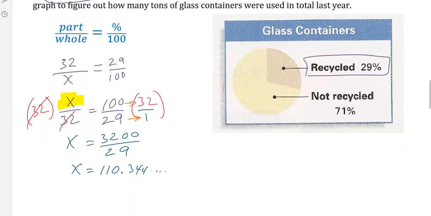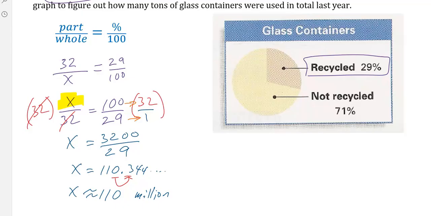Now I'm going to round this to the nearest whole number. So I'm looking at the 0. The 0 looks to the 3. The 3 says you're just going to stay the same. So it's about 110, and remember that's million tons of glass material that were used in total last year.